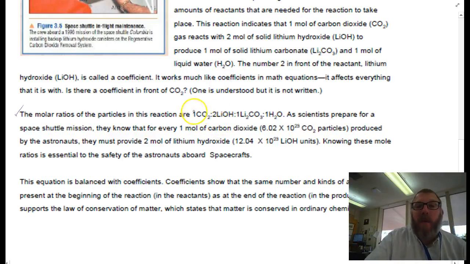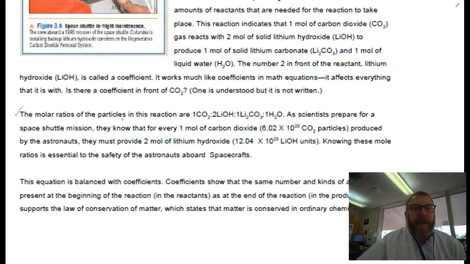Or for every 1 mole of carbon dioxide, I get 1 mole of lithium carbonate, or 1 mole of water. It works backwards too. For every 1 mole of water that I get, it takes 2 moles of lithium hydroxide to make it. So those molar ratios are going to become really important here in the next day or so.